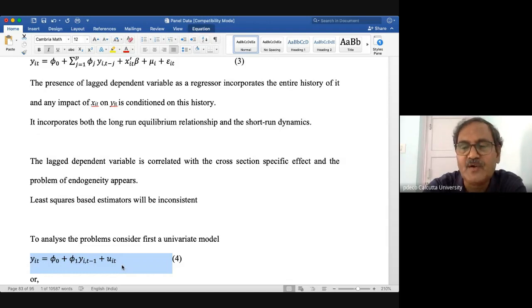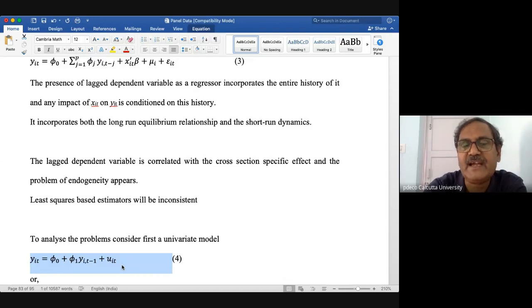Now, let me look at how this kind of problem appears and how to resolve it. So in a dynamic model, in general, the basic problem of estimation relates to the problem of endogeneity that appears because of the incorporation of the lag dependent variable as a possible regressor. So when you are trying to estimate a dynamic panel data model, your problem will be multi-dimensional.